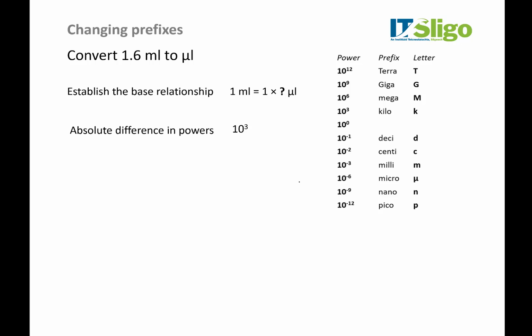Now, this is very important, guys. The next thing we want to figure out is what way are we going? Are we going down the list, from bigger values down to smaller values? Or are we going up the list from small to big? In this case, we're going from big to small because we're going down the list, milli to micro.